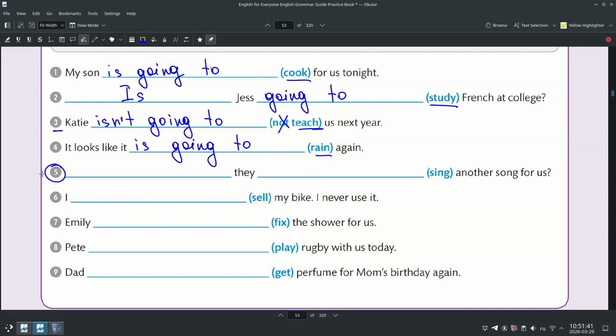Number 5. It is a question. Are they going to sing another song for us? Number 6. I am going to sell my bike. I never use it.